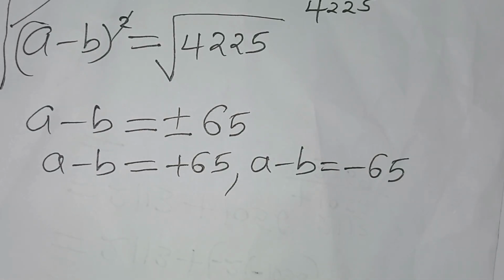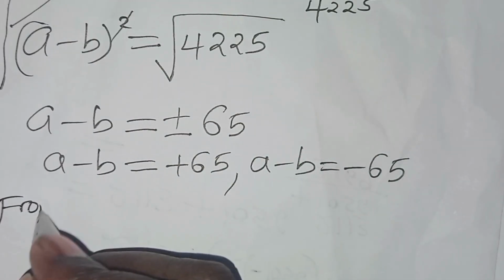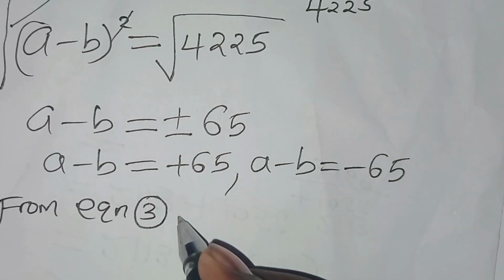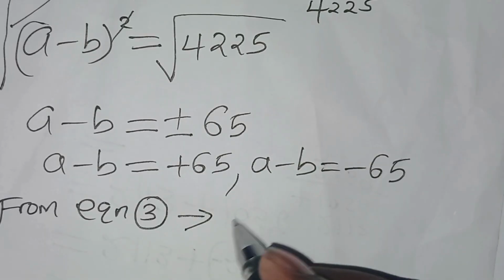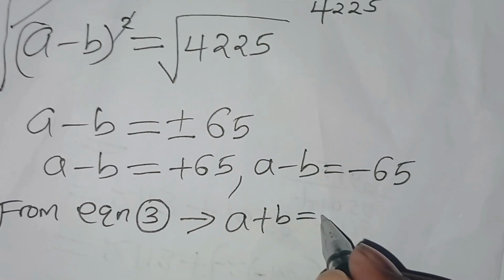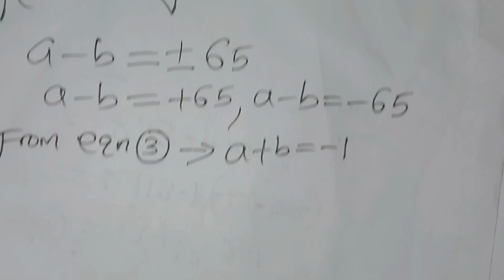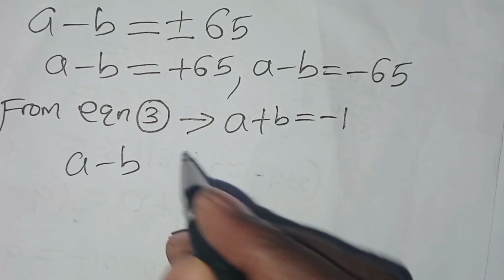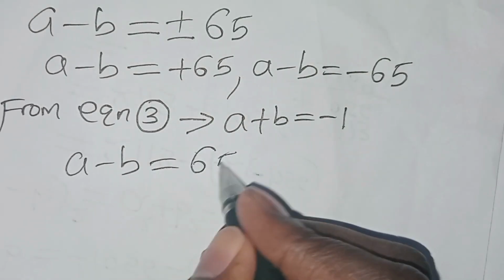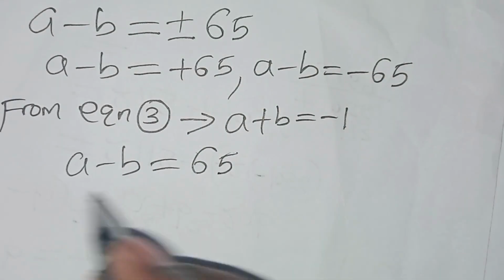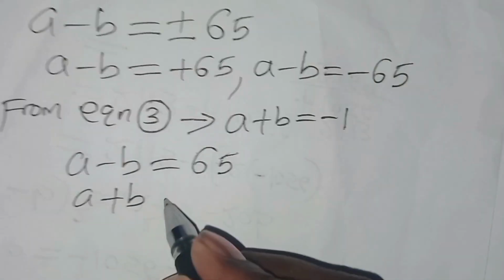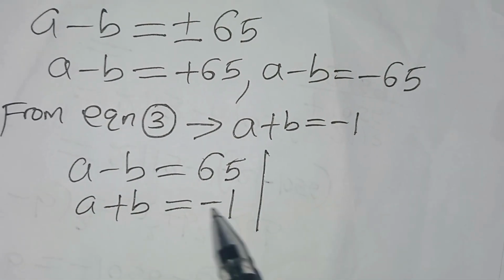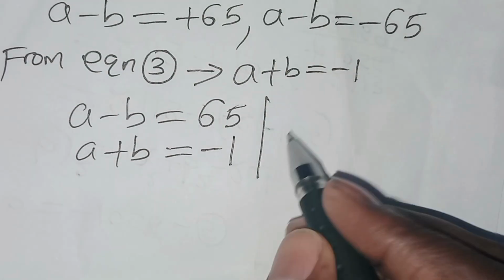Now, from equation 3, which is A plus B equal to negative 1, let's start with A minus B equal to 65. So we have A plus B equal to negative 1. Let's add these two systems of linear equations.